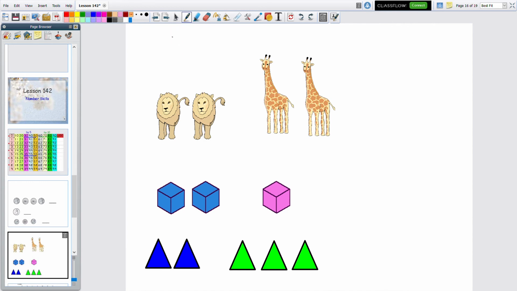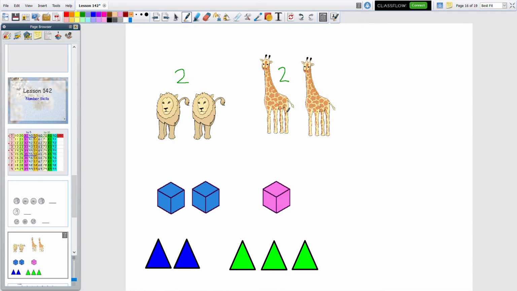Now let's look at this. We've got lions, and we've got giraffes, and blocks, and triangles. So let's see, how many lions do you see here? There's 2 lions. How many giraffes do you see? 2. So if we were going to add them together, there were 2 lions at the zoo and 2 giraffes right next door to them.